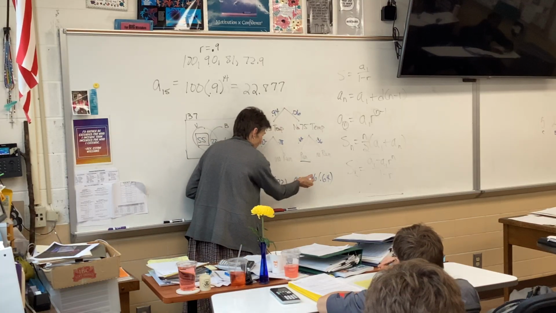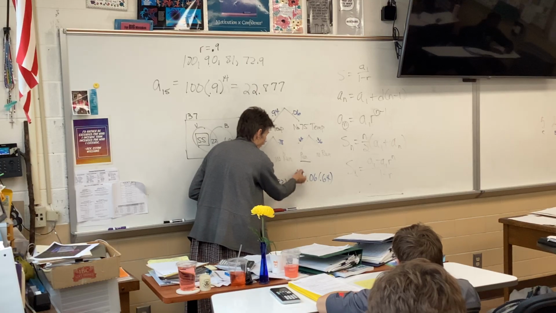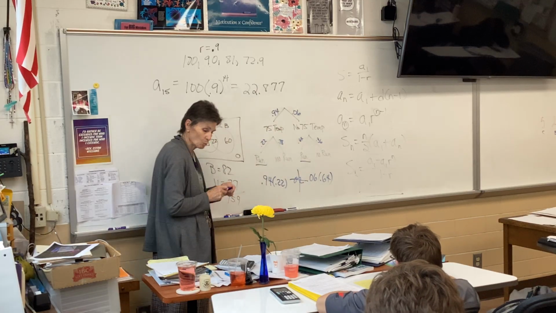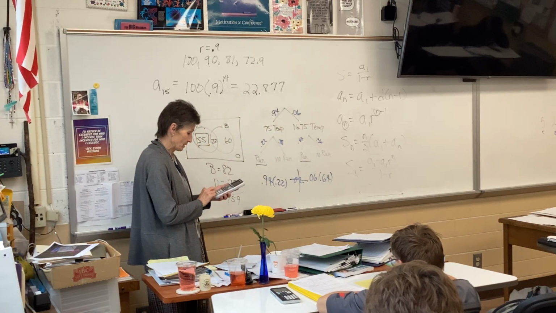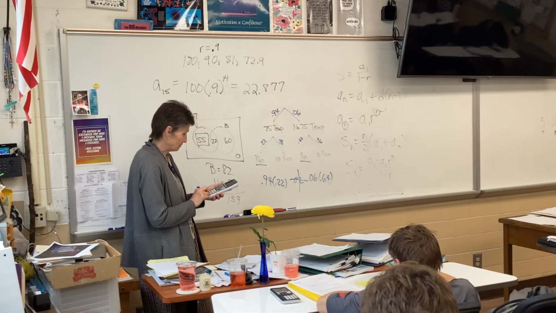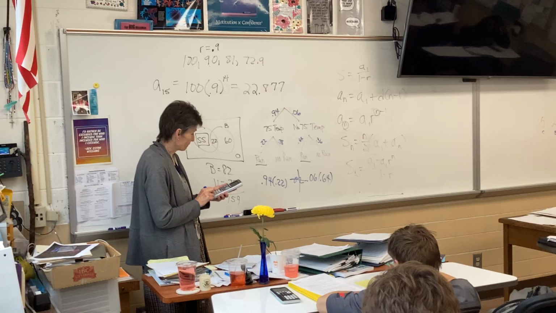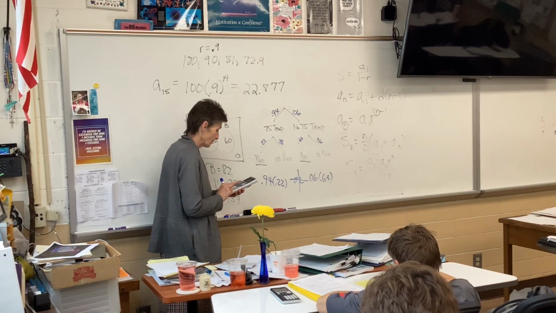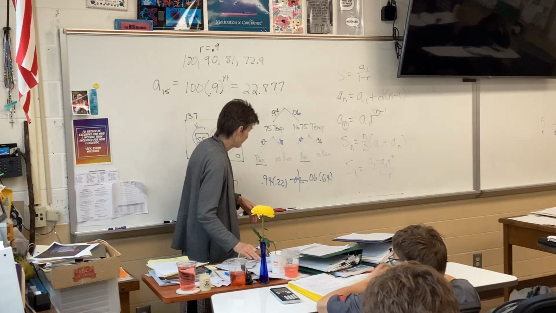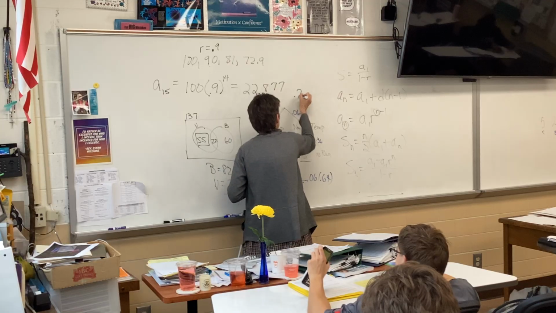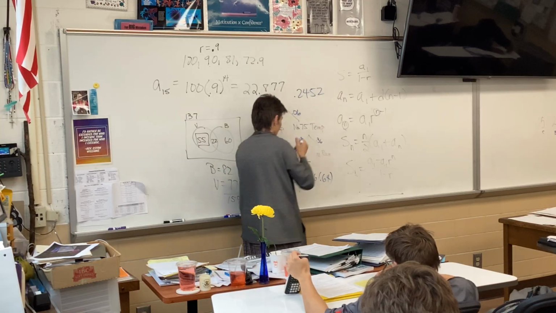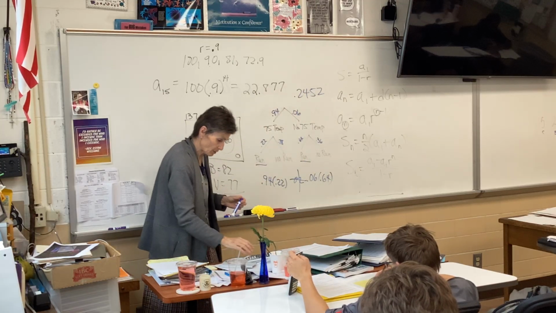What am I going to do with those two numbers? Add them. You're going to add them because it's one or the other. I got 0.2452. That's what you got.